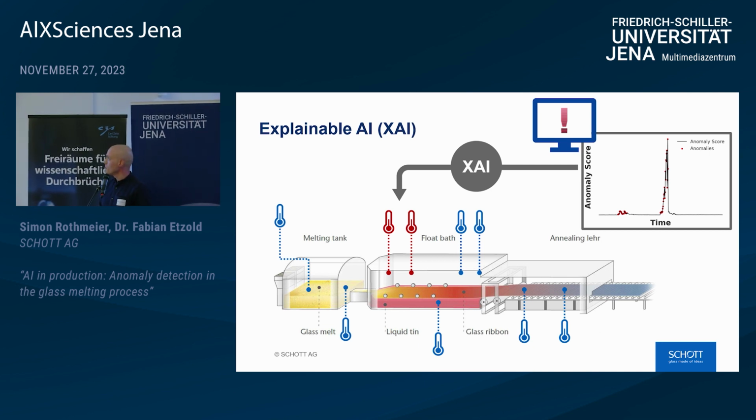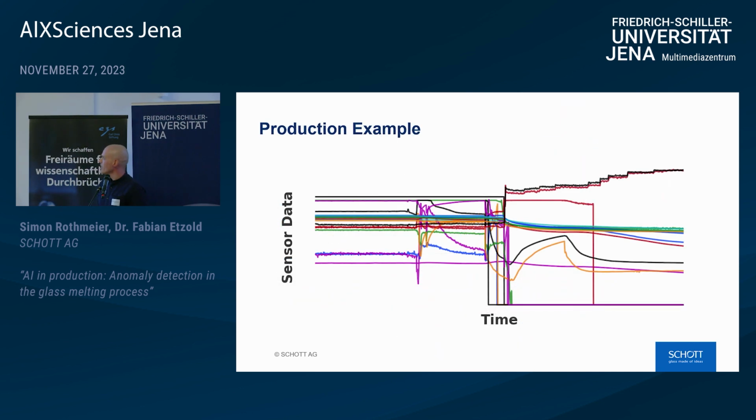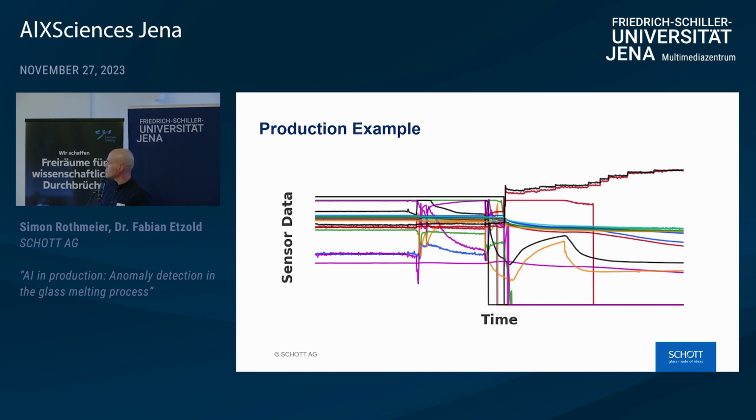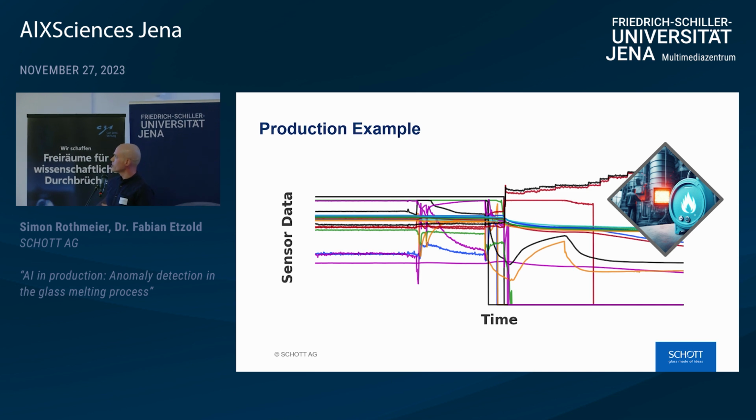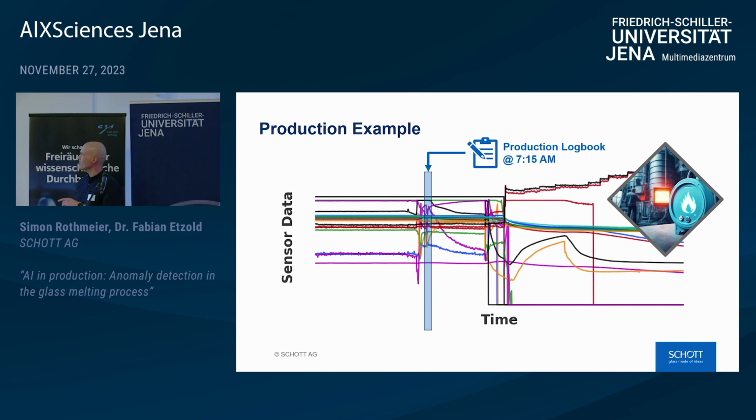I also brought in an example here, so clearly something's going on. You can see that by eye. Imagine we have an incident in the production, and this is actually something that really happened. We looked in the production logbook, and there the operators noted that at roughly 7:15 a.m. something happened. Won't go into details here.